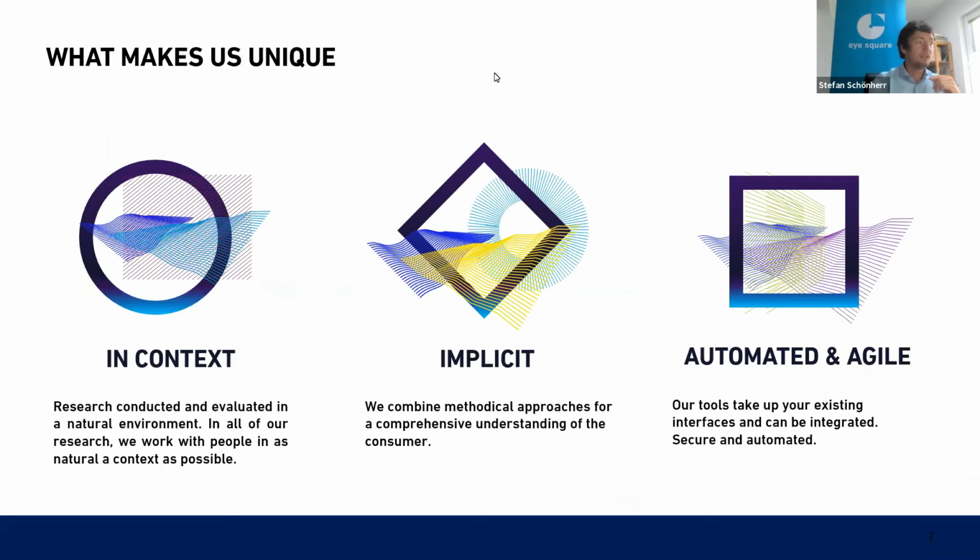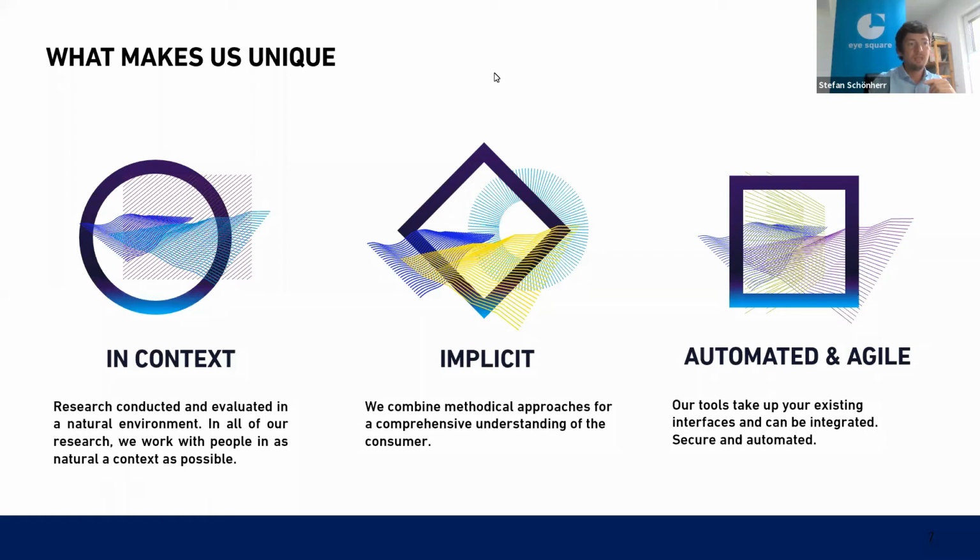Yeah, what makes us unique? I would raise 3 points here. First of all, is in context, we have a very natural environment for our ad testings. Then, secondly, we are an implicit company as well. Apart from questionnaire and interview data, we apply a broad set of implicit measurements like facial expression tracking and reaction time-based measurement.